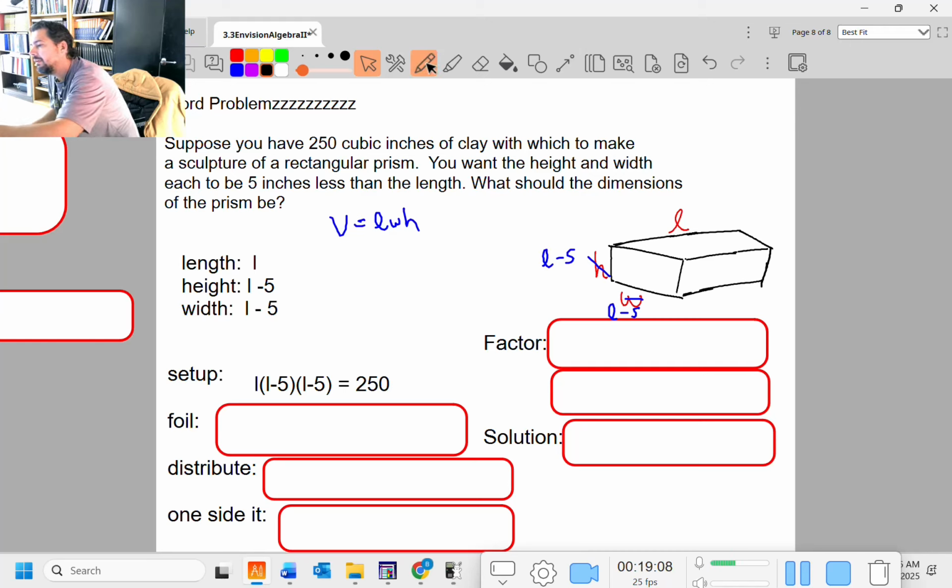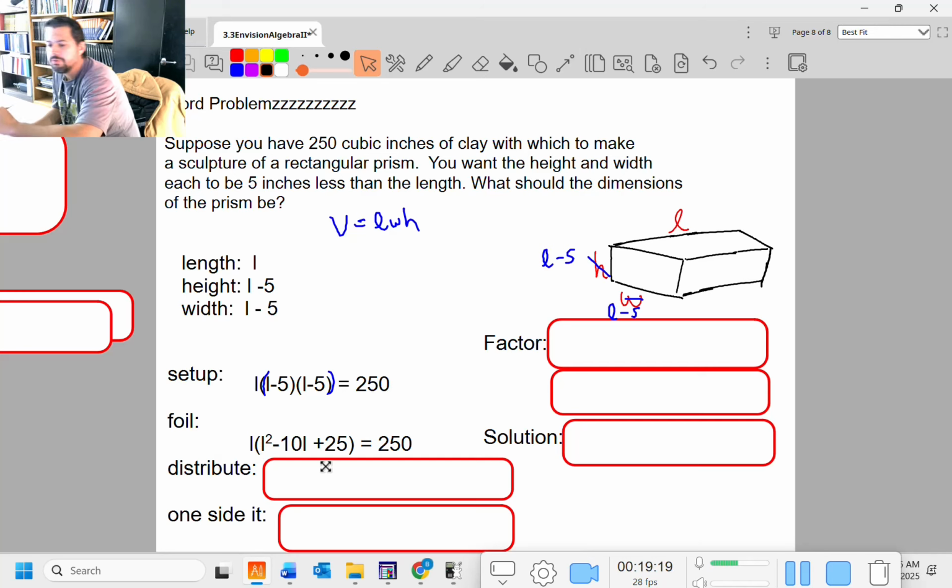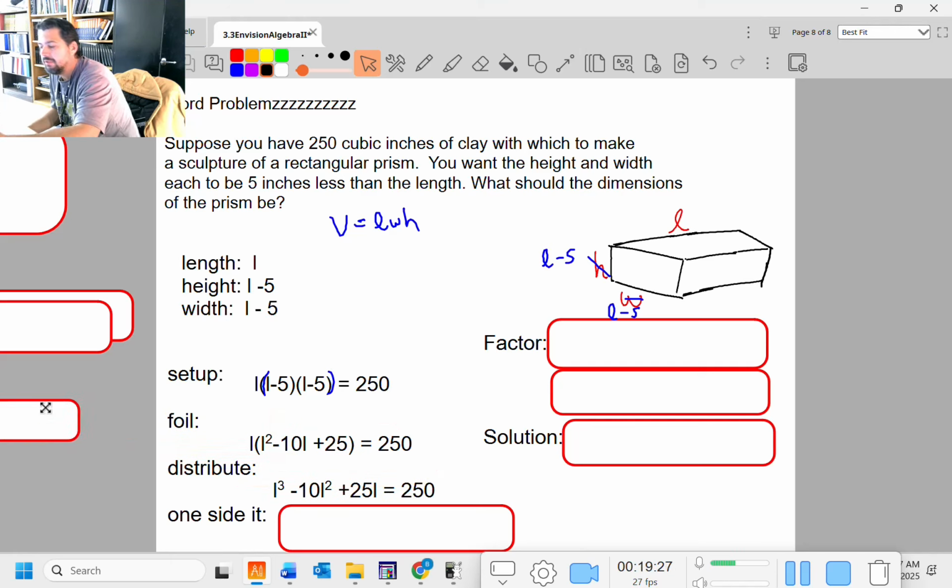Next thing we would probably do is FOIL this piece, or you could box it out. You could do a box, it's up to you. But if you do L minus 5 times L minus 5, you get L squared minus 10L plus 25. Then we would distribute that L in. That would give us L cubed minus 10L squared plus 25L equals 250.